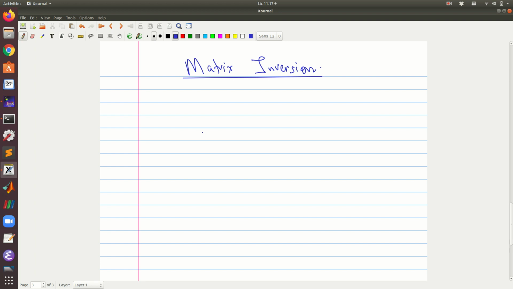We emphasize the fact that matrix inversion is defined only for square matrices, okay? And we'd like to add a note to that.